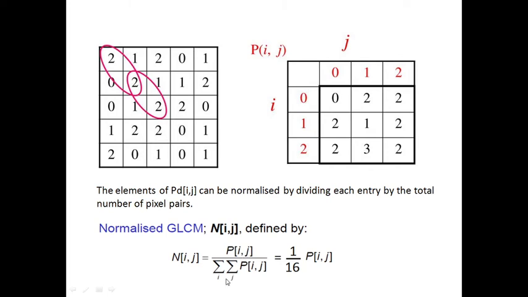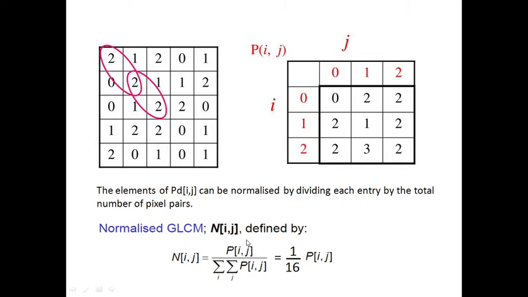In this normalized GLCM, or normalized co-occurrence matrix, all the elements have a range between 0 and 1, so it gives me probabilities. I will explain this by taking one example in the upcoming slide.